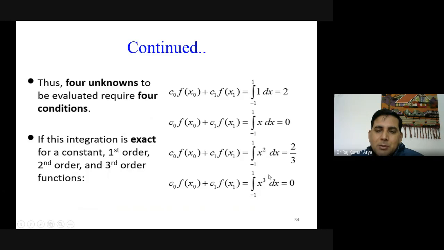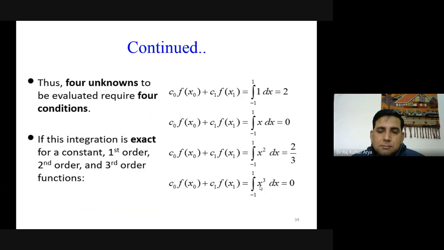Then x cube, you are getting again 0. So the integration should be exact for a constant, then you have first order, second order, third order function. This is your first order function, this is your second order function, this is your third order function, correct? Yes, sir.